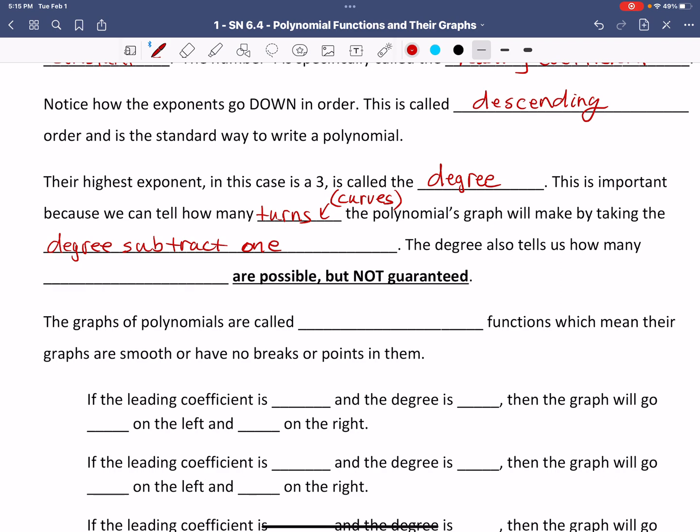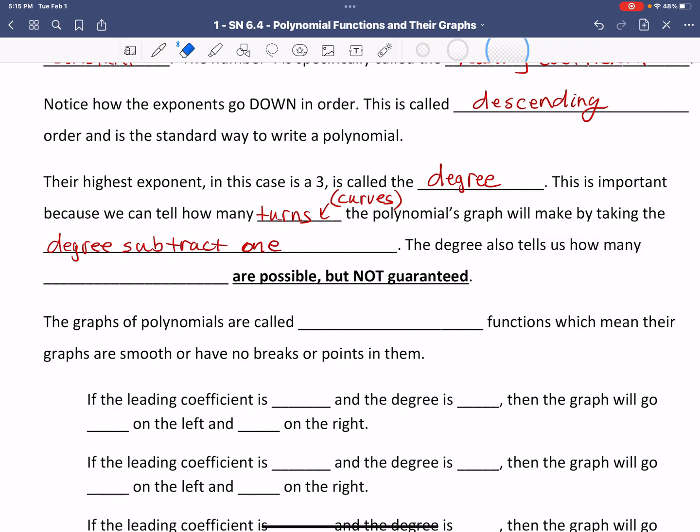For instance, this graph has one turn, right here, turning around. The reason it has one is that the degree is 2. This might be the equation y equals, say, 3x squared minus 4. The degree is 2, and 2 minus 1 is 1, so that's why we have one turn down here at the bottom.